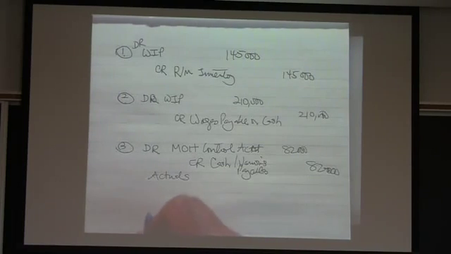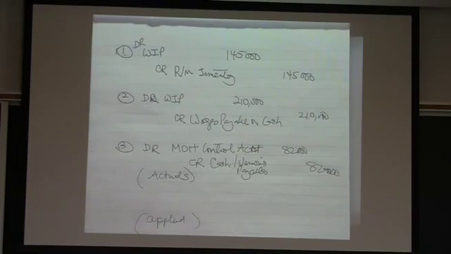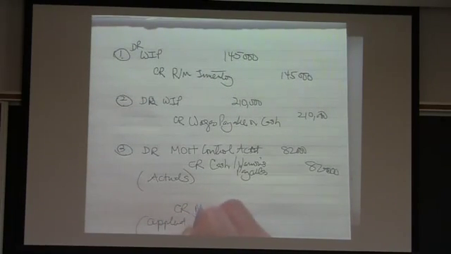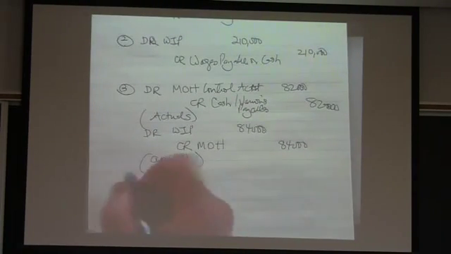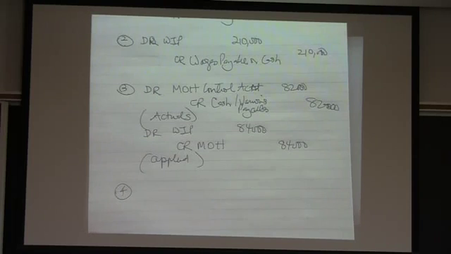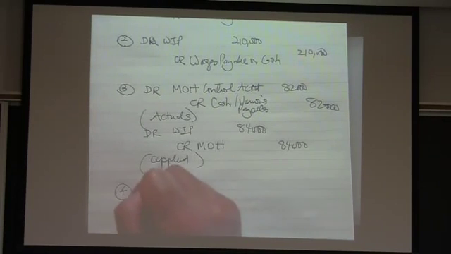And then when we applied, so this is the actuals, we applied, we're going to credit MOH, and that was 84,000, and debit work in progress. Now we know that we only sold one item, which is job number. So you know what? Let's move it from work in progress and debit finished goods.